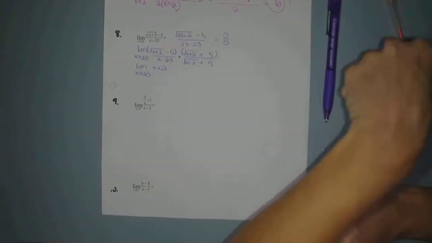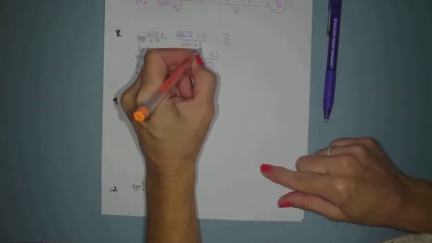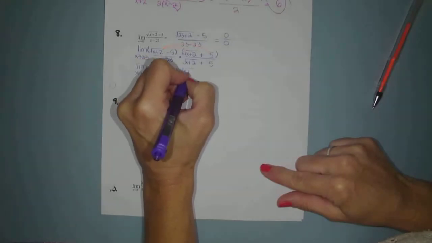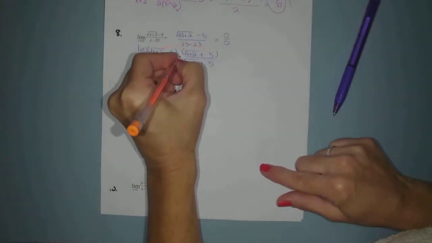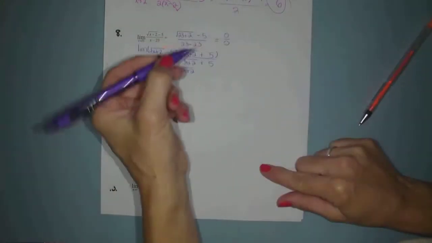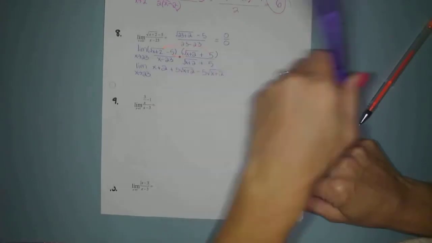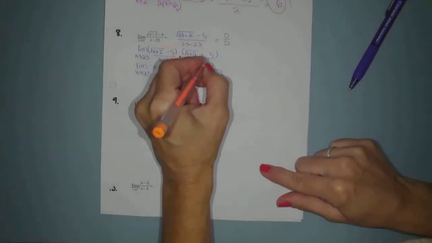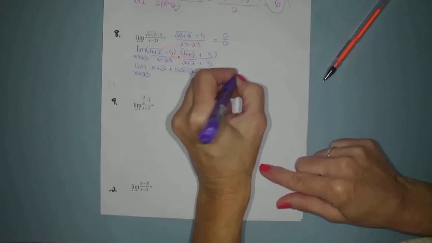And when I take the square root of x plus 2 times 5, I'm going to get positive 5 square root x plus 2. And when I do negative 5 times the square root of x plus 2, I'm going to get negative 5 square root x plus 2. And last but not least, when I take negative 5 times positive 5, I'm going to get minus 25.